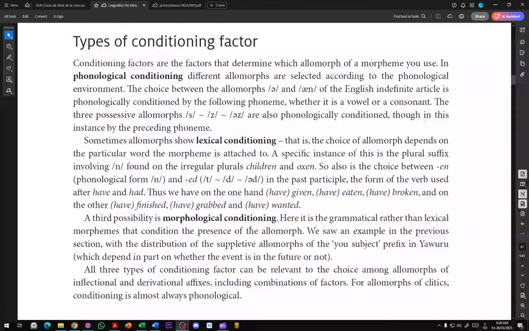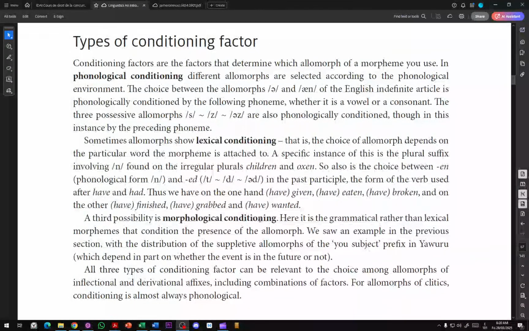I guess. Thus we have on the one hand have given, have eaten, have broken, and on the other hand have finished, have grabbed, have wanted. That possibility is morphological conditioning.